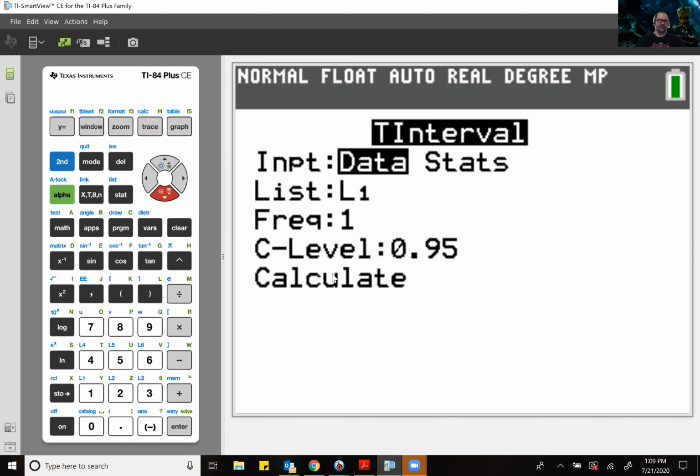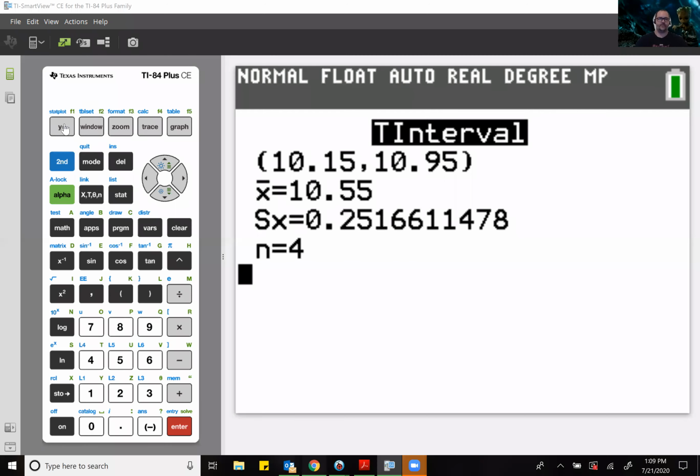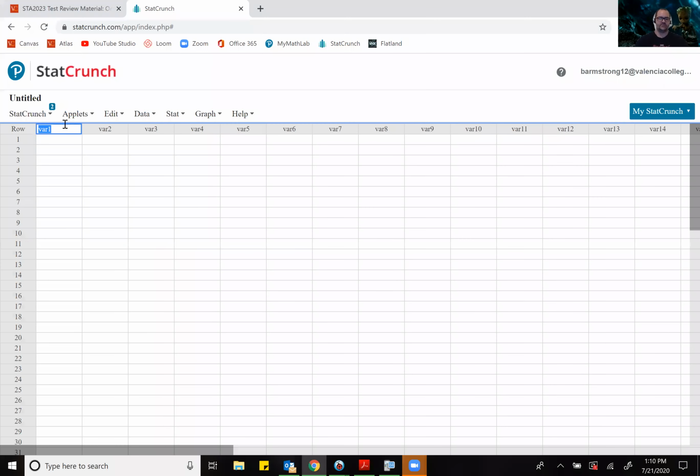Okay. So we just have to select the correct interpretation. If we did it in StatCrunch, this is what you would do. I'm just going to call this oranges. We had 10.2, 10.6, 10.6, 10.8.